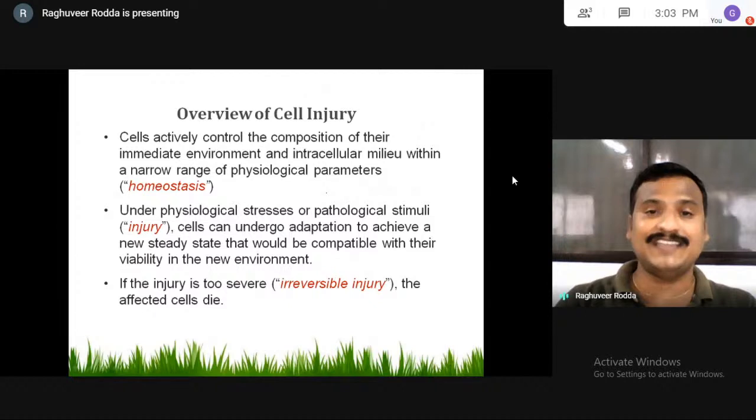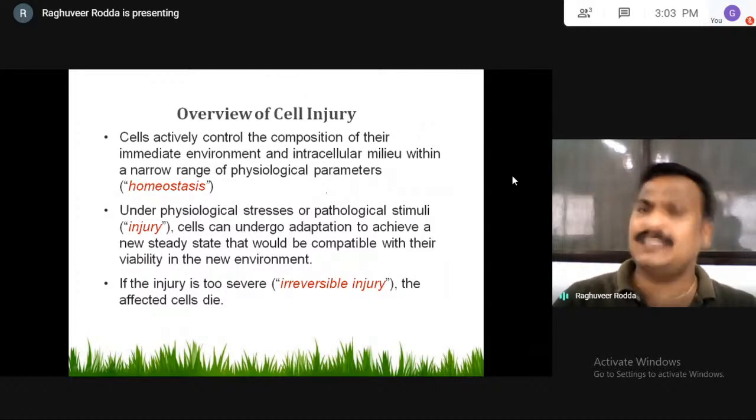We can call it an assigned function. Every cell of the body is involved in the performance of a certain function, to make it viable and to keep itself in a working condition.